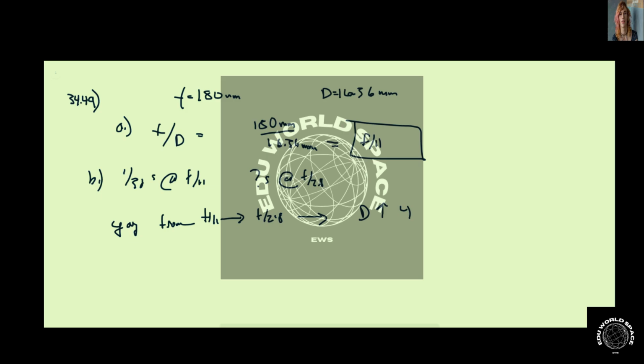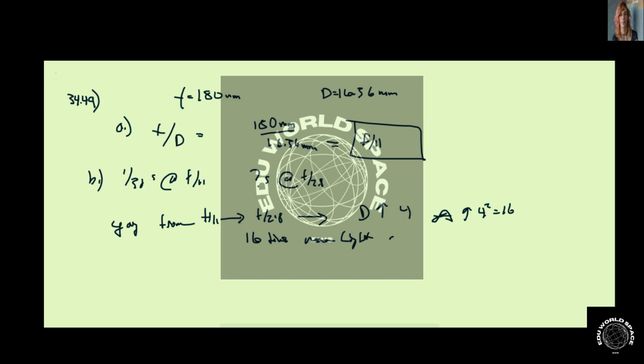So if the diameter of the aperture is increasing by 4, then the area is increasing by a factor of 4 squared, or 16. So if the area is 16 times bigger, 16 times more light will be allowed in.